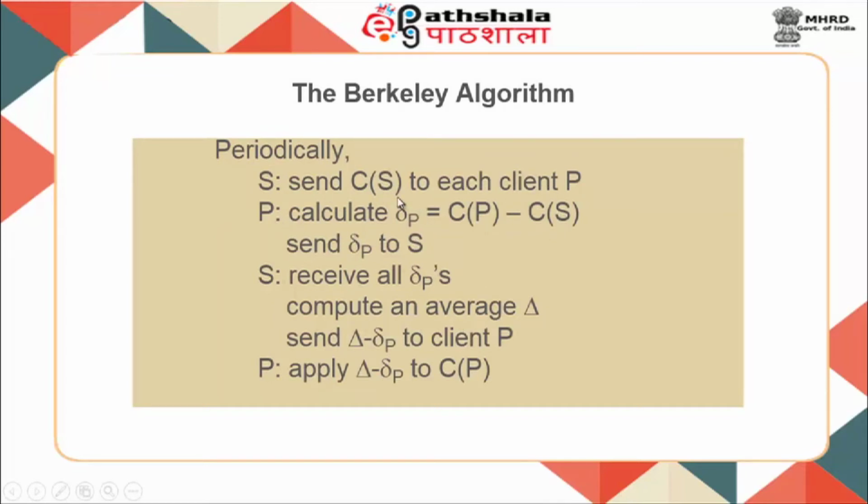Each client calculates the difference between its own time and the time server's time and sends this value, delta p, to the time server. The time server computes an average of the deltas, calculates a per-process adjustment, and sends that adjustment to every client, and the value in the clients will be the adjusted value.